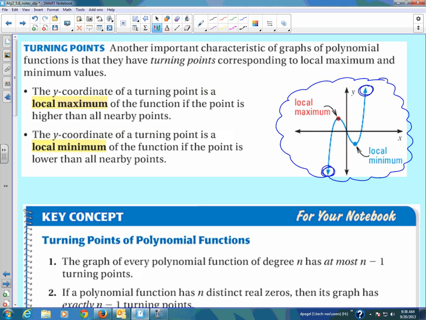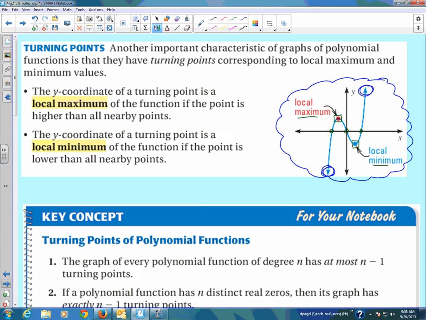However, when the graph starts to do its dance around the x-intercepts, so here were the x-intercepts, we see that these graphs have these turning points. One where the graph is at a high value, and that is what we refer to as a local max. Another place where the graph is at a lower value, and we refer to that as our local minimum.